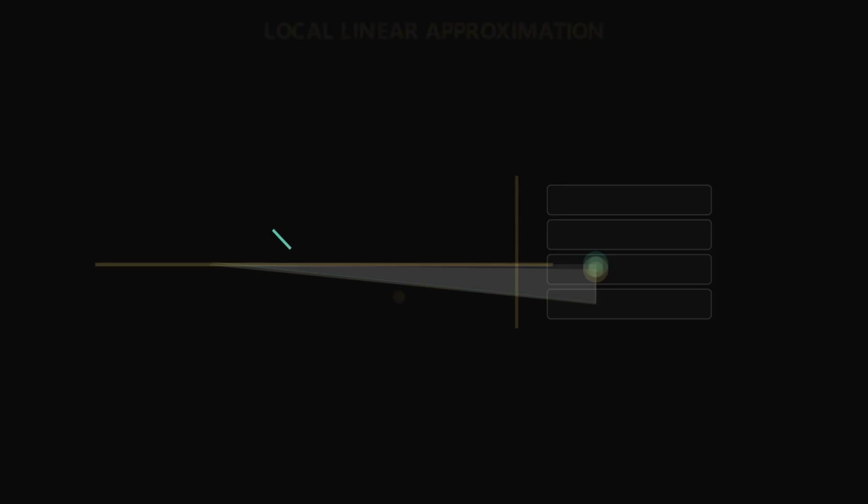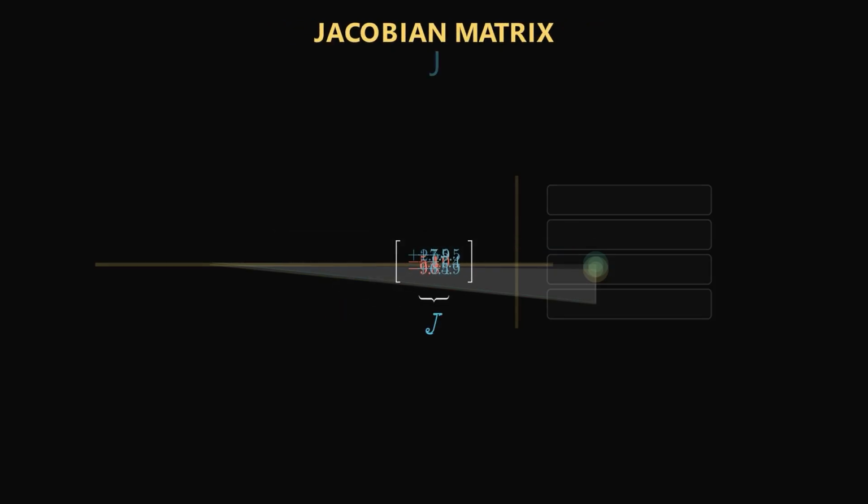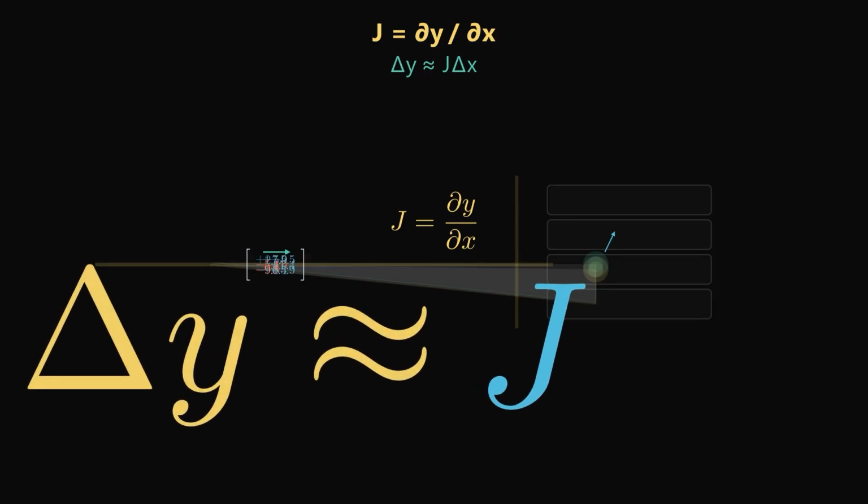For a sufficiently small change, we can approximate this relationship using a linear transformation. And that linear transformation is the Jacobian matrix. Mathematically, we write J as the derivative of y with respect to x. And locally, the relationship becomes delta y approximately equal to J multiplied by delta x.